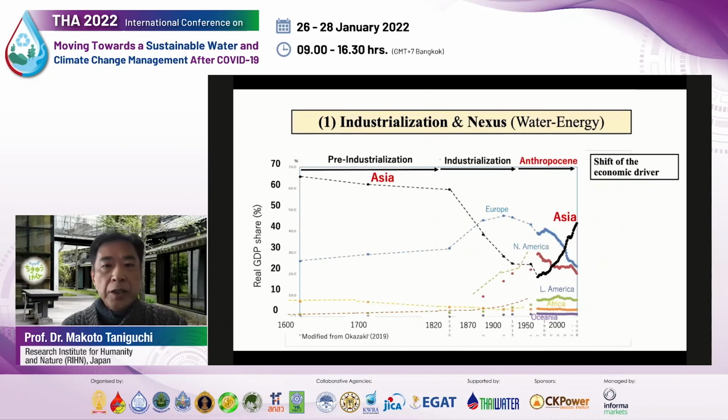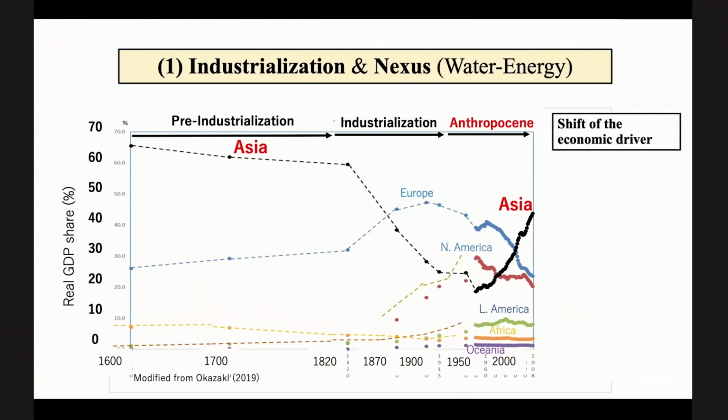This is the historical change related to groundwater and industrialization in Asia. You can see the y-axis is the real GDP share in the world, and from the 17th century up to now, in the pre-industrialization period, the real GDP share is highest in Asia.